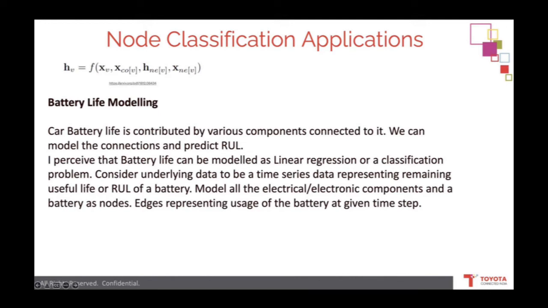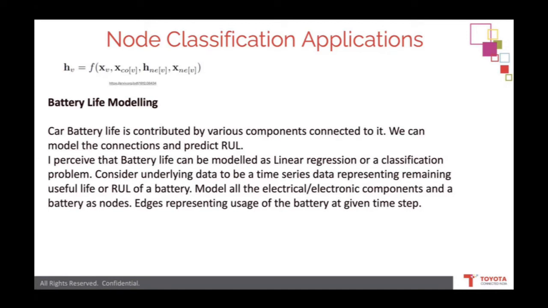In this formula, we are trying to find the embedding for a node called V, and XV is the feature vector of the node. Feature vectors are like, in my first slide, the person node has attributes like name, ID, or account number, whatever it is. It will be kind of a JSON or key-value pair. So XV represents them, and XCOV represents the feature of the relationship.